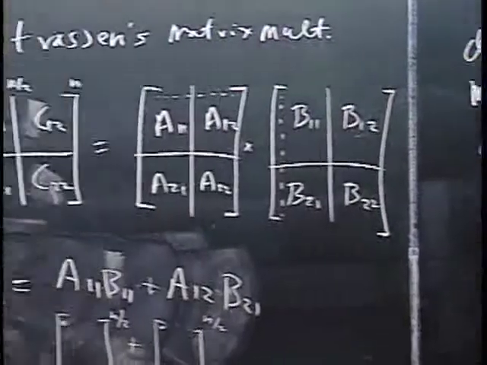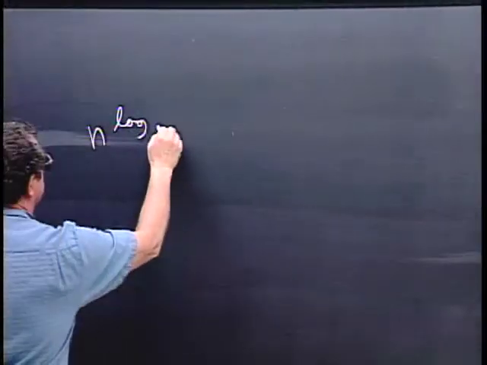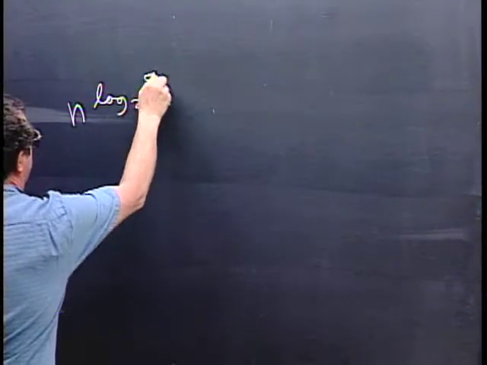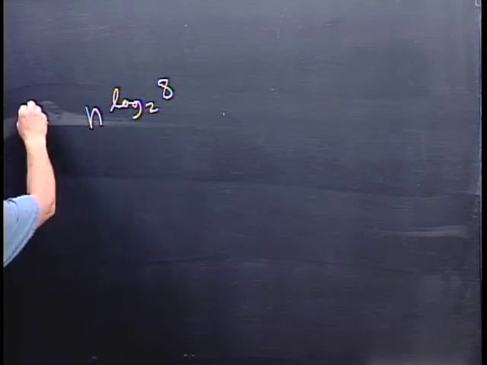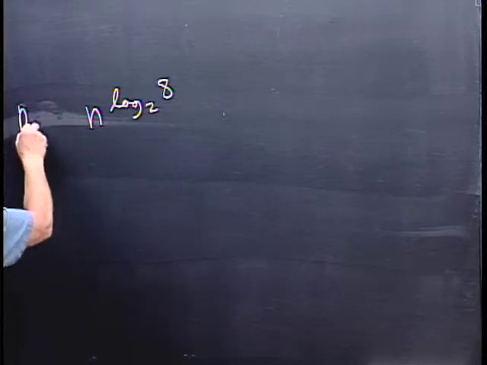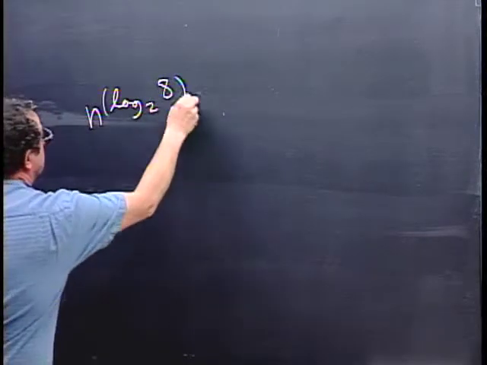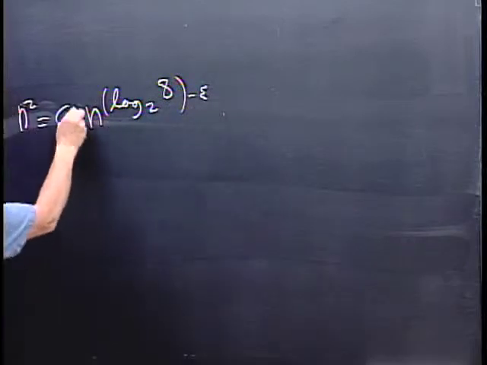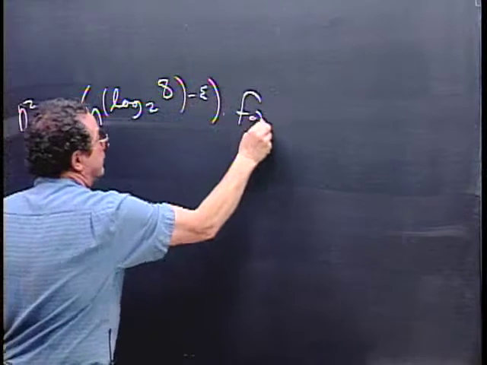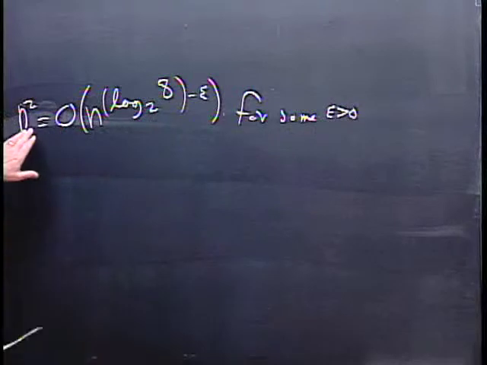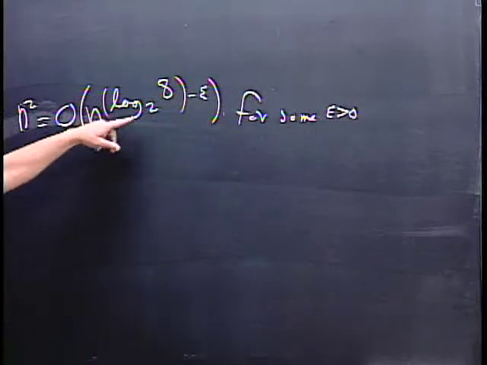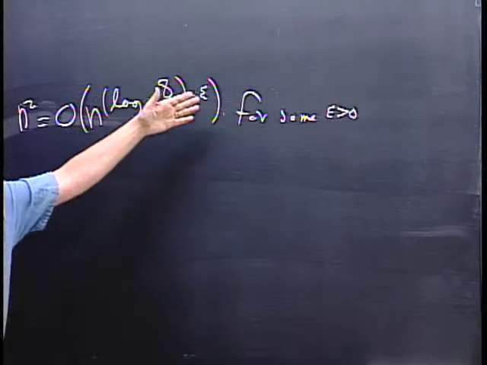So we have n to the log base 2 of 8, as opposed to f(n), which is n squared, and this is minus epsilon. And we can see that for some epsilon bigger than 0, this is true. n squared is big O of n to the log base 2 of 8 minus epsilon, because that's 3 minus epsilon.